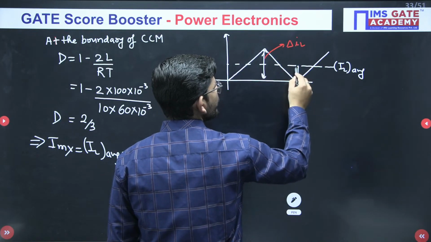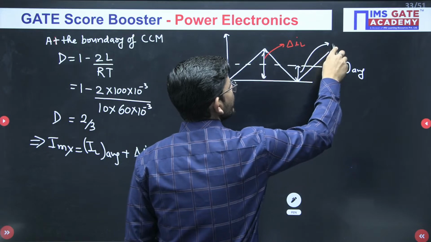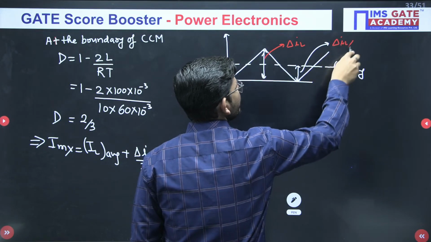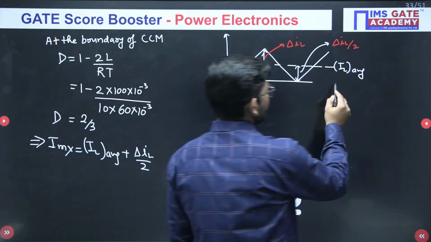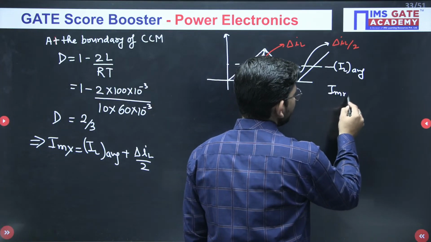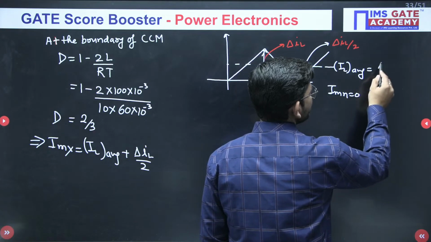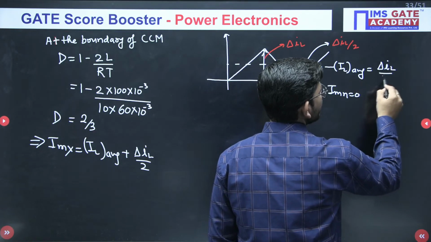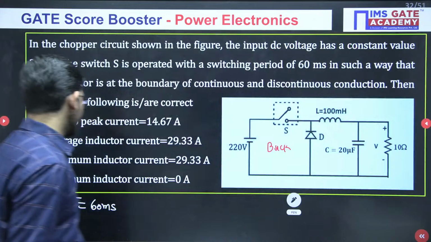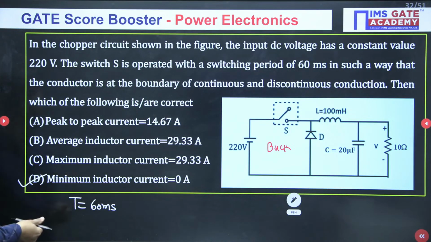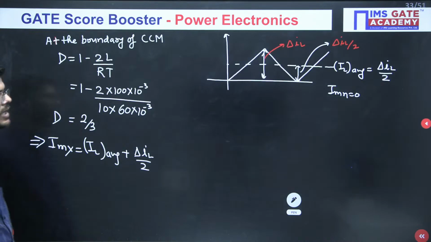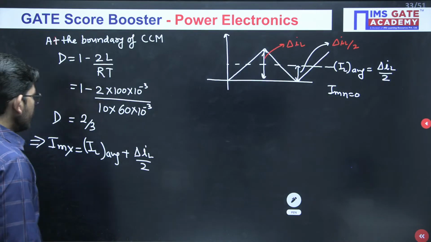And how much will be this amount? This amount will be delta IL by 2. Okay, and one thing we are sure is that I minimum is equals to 0 and IL average is delta IL by 2. So just see, option D, minimum inductor current is 0, is a correct option. Okay, so we got one answer as well.